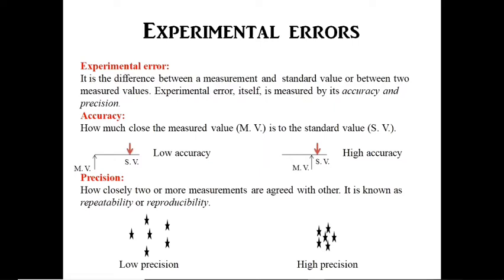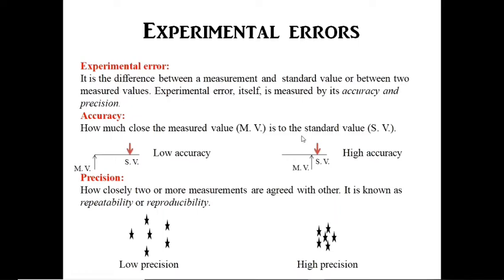Experimental error. What is experimental error? The experimental error is the difference between the measurement and standard data, or between two measurement values, and it is measured by its accuracy and precision. What is accuracy? Accuracy is how close the measurement values are to the standard values.